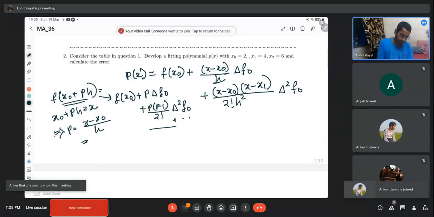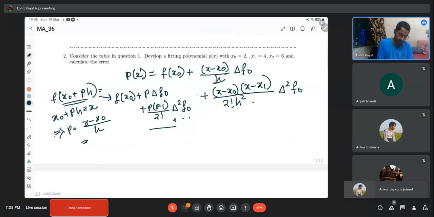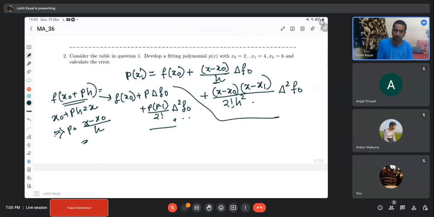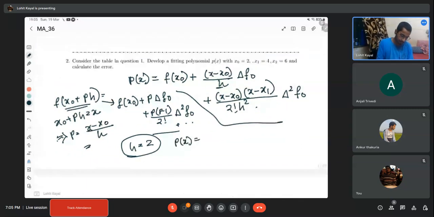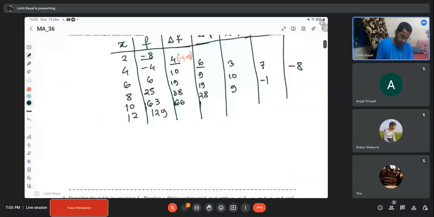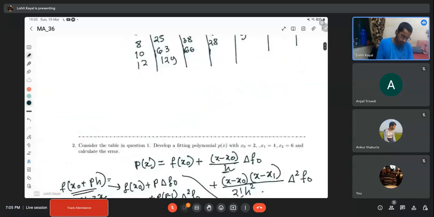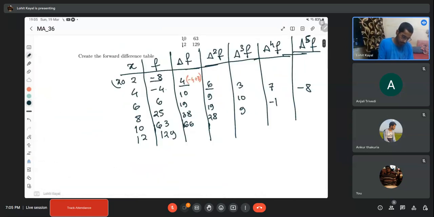Here I have just substituted the value of p in this term, so I will finally get this function. Here h is the step size, h equal to 2, and then p(x) will be, what is f of x0? f of x0 is minus 8, since I have considered 2 as my x0.